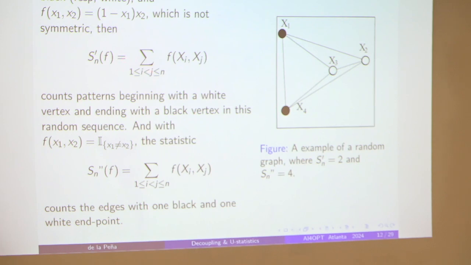Now, another example of a random graph that you can study is the following one. Suppose that you have the statistic f of x1, x2, and you're trying to count the number of patterns beginning in a white vertex and ending in a black vertex.